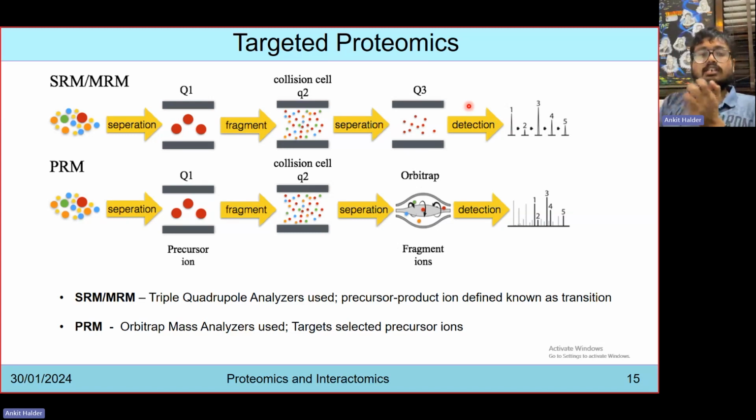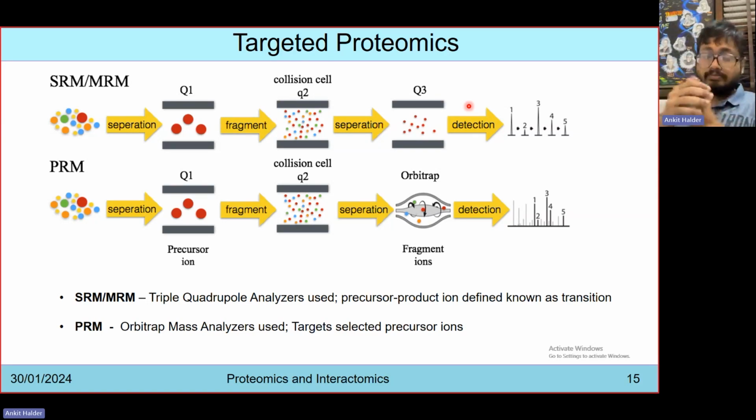By this time you should understand that we are talking about the bottom up proteomics approach. In the global phase also, we are getting the peptides, selecting and identifying the peptides, which we then map back into the proteins.